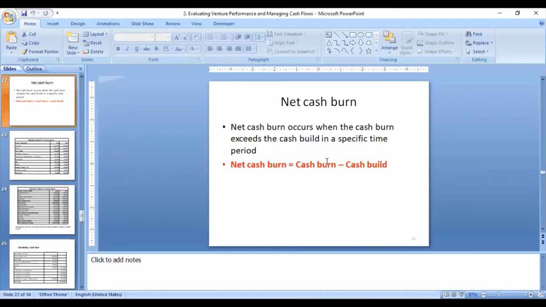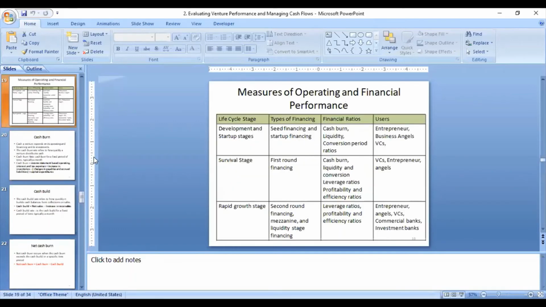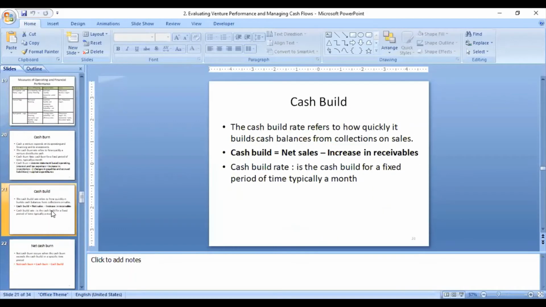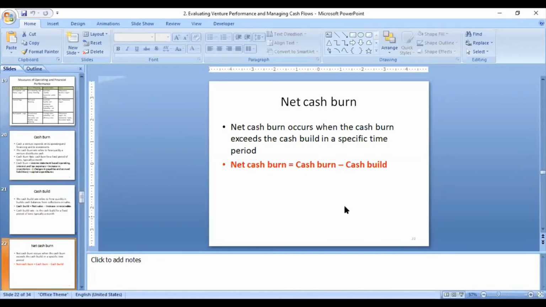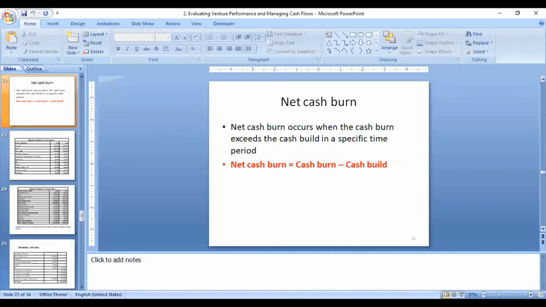Right. Amma, can you add something? Normally at the survival stage, it is net cash burn, but there can be net cash build as well. If the cash build exceeds the burn, then it will be net cash build. But normally for a venture, expenditure exceeds the cash build, the burn exceeds the build.